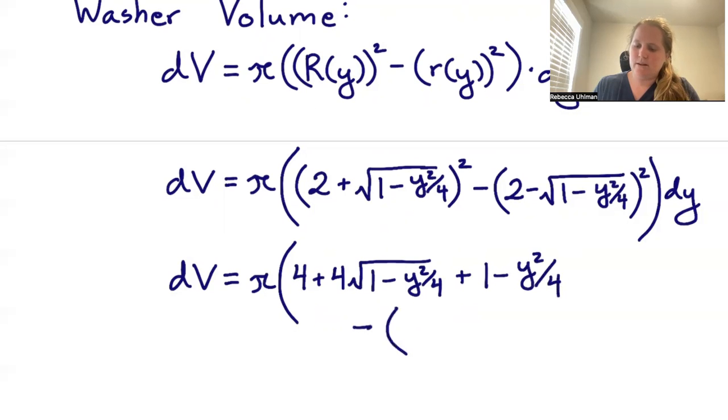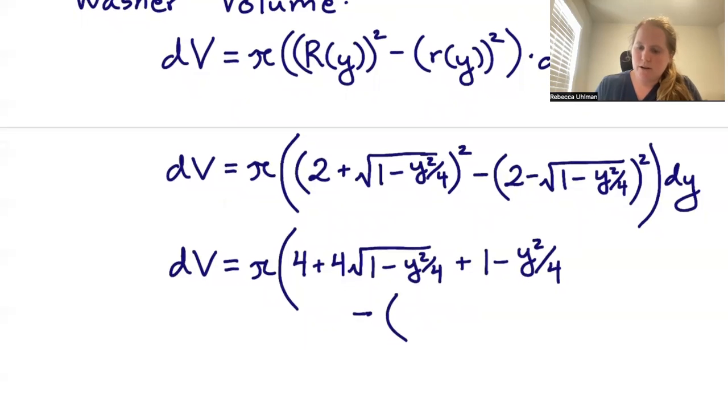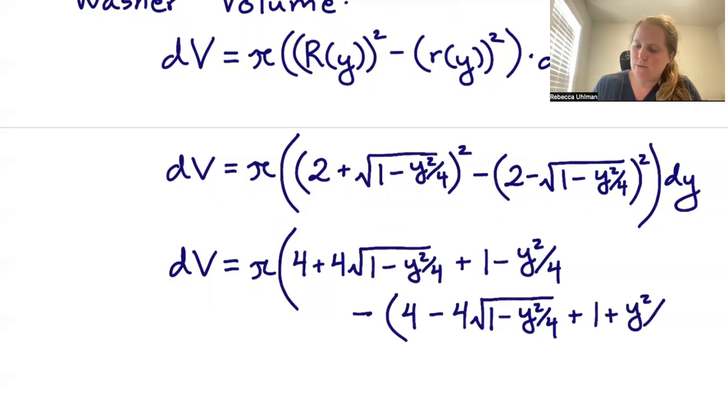Then we are subtracting off that second batch, which becomes 4 minus 4 times the square root of 1 minus y squared over 4 plus 1 minus y squared over 4. That's just expanding out those squares. That whole thing times dy.